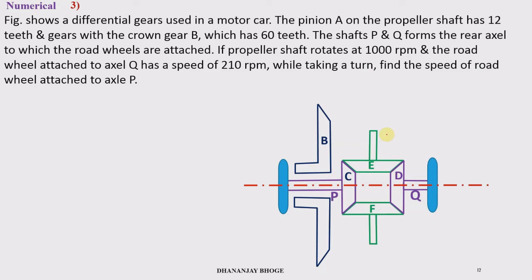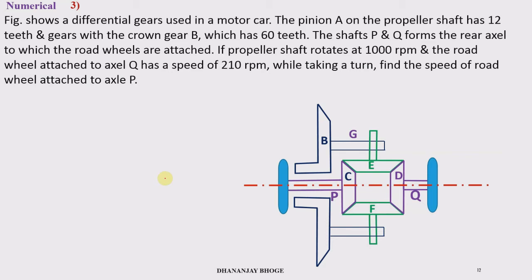Now this crown gear B consists of arm G. Rigidly connected to B is arm G, which carries gears E and F. You can say arm G has bearings in which gears E and F are mounted.